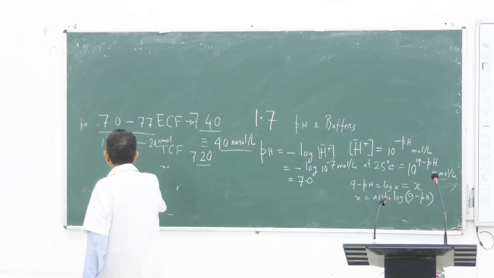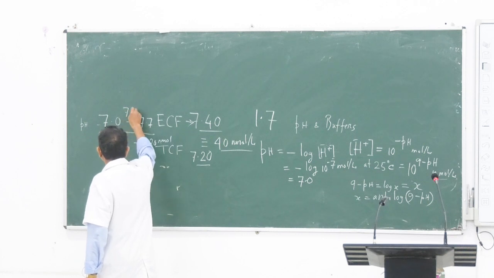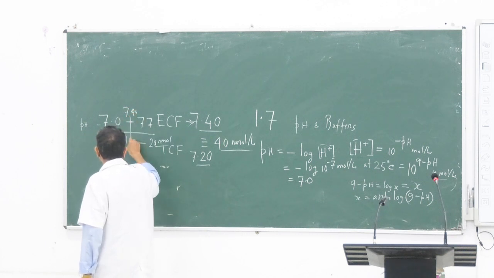7.40 is in the intermediate, it is maintained at 7.40 and it corresponds to 40 nanomole.